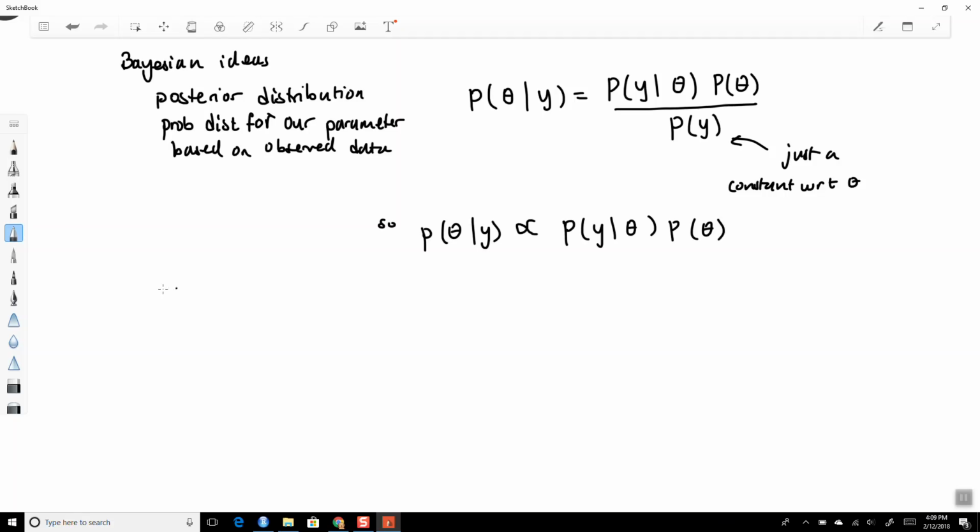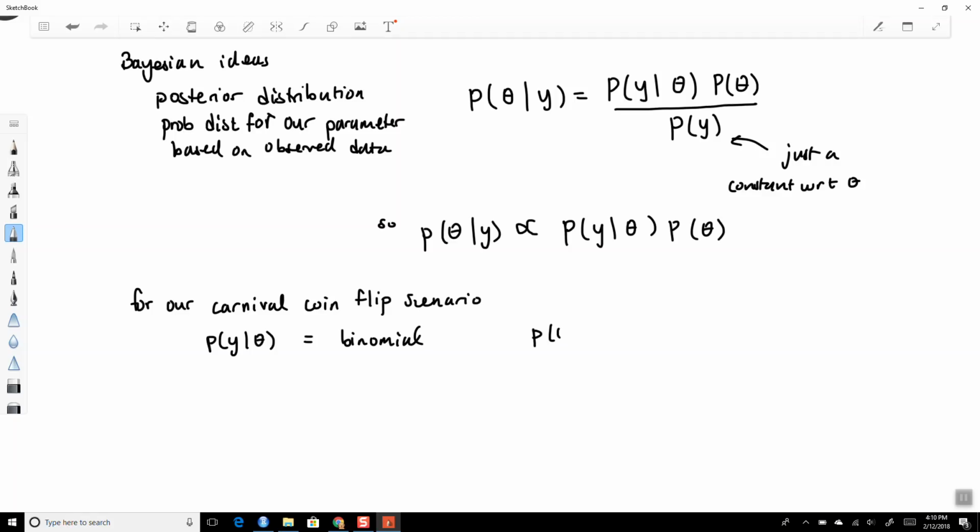Okay, and so for our carnival coin flip scenario, probability of y given theta is the binomial. This is a binomial distribution, okay?